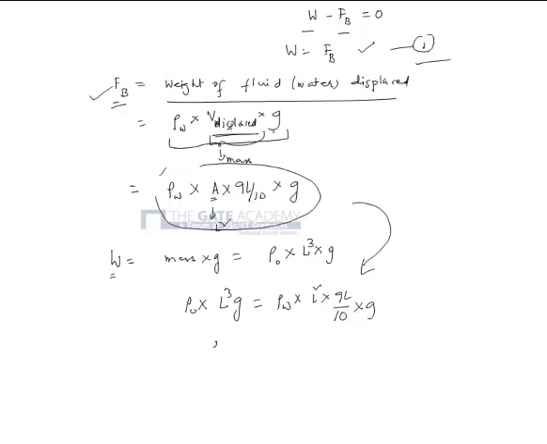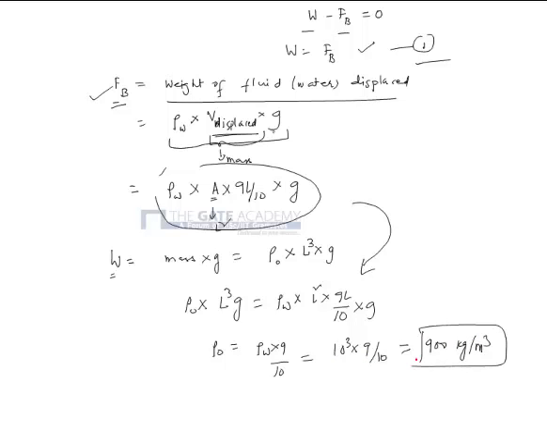Okay, so ultimately I'll get rho naught, which is rho W into 9 by 10. Density of water is 1000, this is pretty known. So it's 900 kg per meter cube.